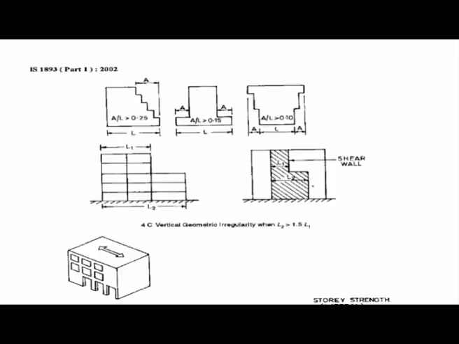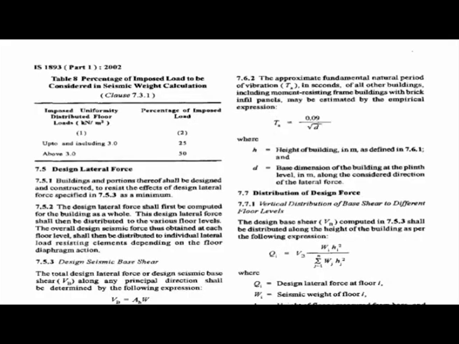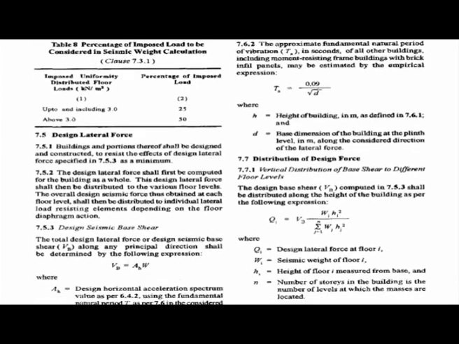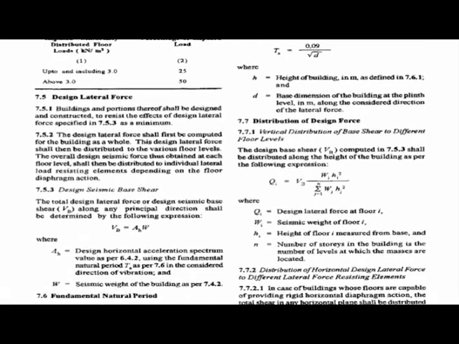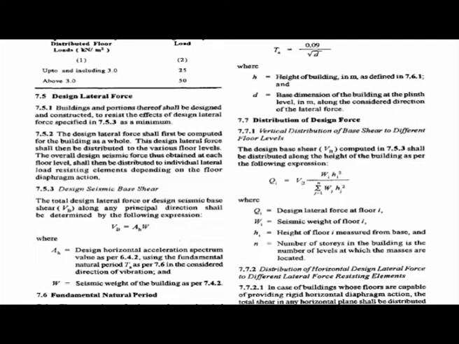And when you know Ah, you can find out the base shear also, and after getting base shear I can distribute along the floor, what will be the corresponding load along the floor, the lateral load. So this is the one we are doing. That means in the first few pages you will get all the information regarding that earthquake load.